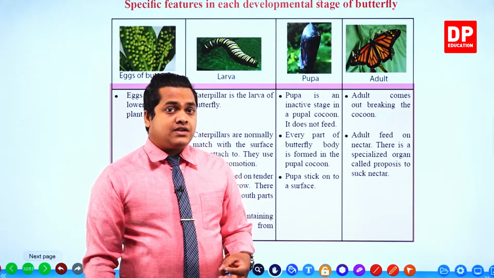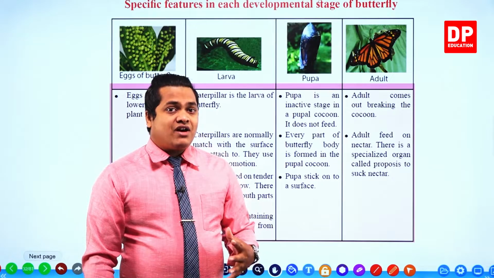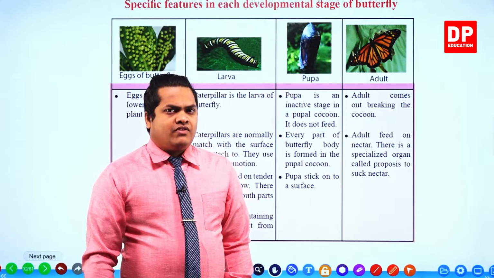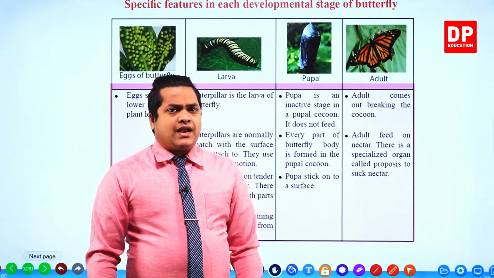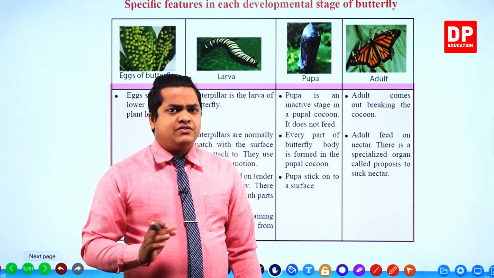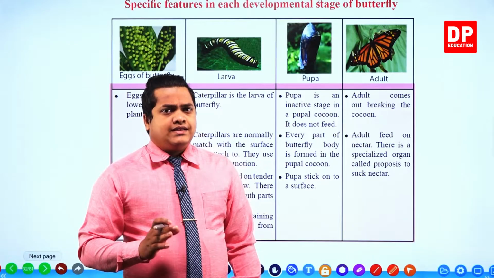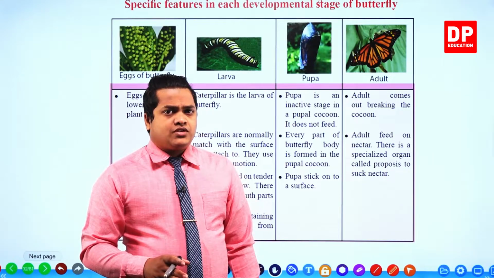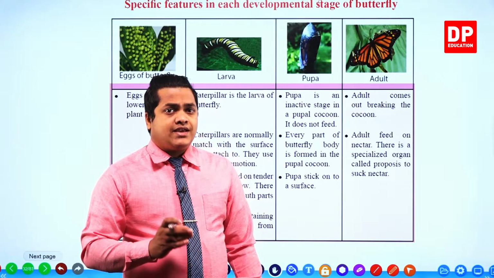Most of the caterpillars are showing camouflage, means they are similar to the environment color. What's the use of that? Because the caterpillar is a somewhat sensitive stage. Sensitive stage means that's the stage in which the organism is much more vulnerable to external threats like predation.